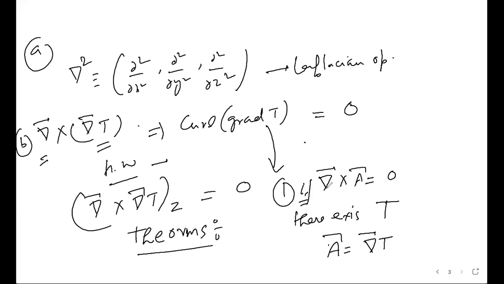If you see that the curl of a vector A is 0, then you will always find there exists a scalar field psi, I mean T, such that this A can be written as the gradient of this function. So that's your one theorem.